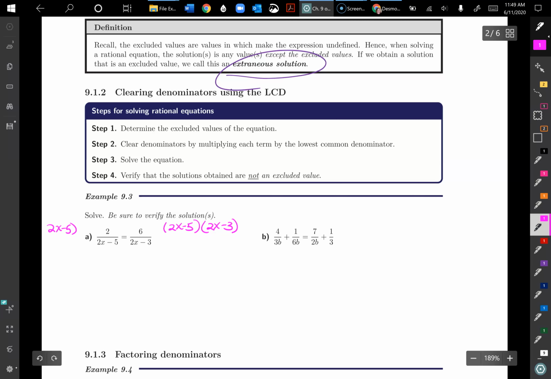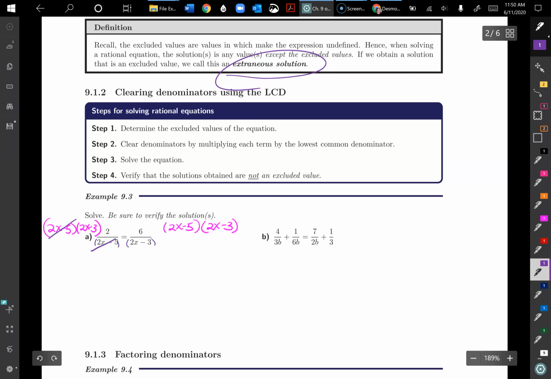So just like with numbers, I want to reduce this out so that I don't have anything left there. You could also cross multiply on this one. Key thing is make sure you use parentheses, okay?